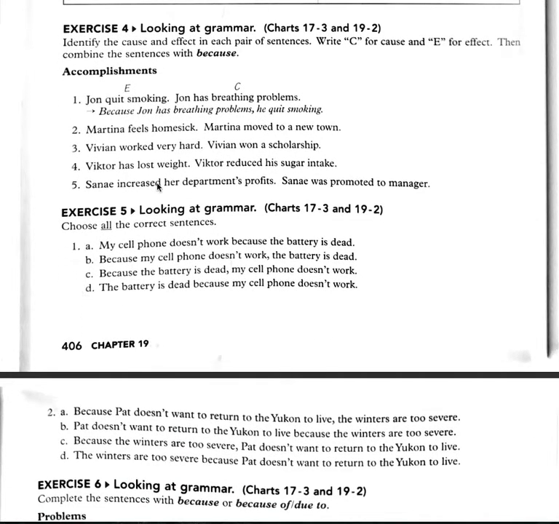So if we look at exercise 4, accomplishments. Here the instructions say identify the cause and effect in each pair of sentences. Write C for cause and E for effect. Then combine the sentences with because. So your accomplishments. Look at number 1. John quit smoking.